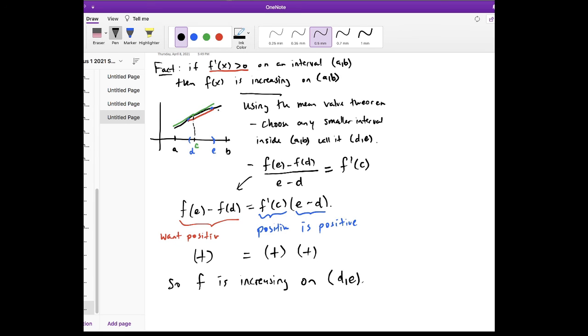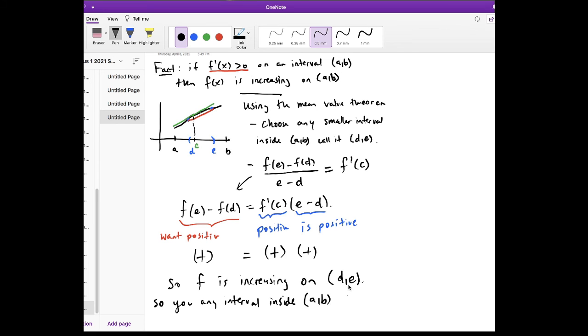So you can choose any interval inside AB. So DE was arbitrary, right?